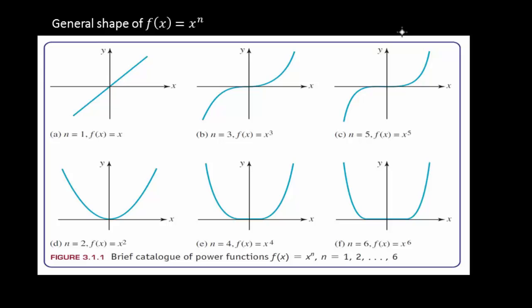Now the general shape of x to the n, like we've seen a while ago, if you have just a line, or a cubed function, that means if it's odd, see how the higher the multiplicity, the flatter it is on a 0. And remember that these zeros that are occurring at the origin can be translated to the right or to the left.